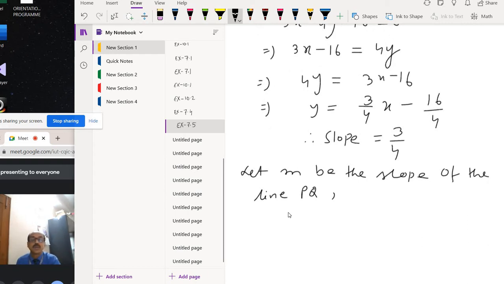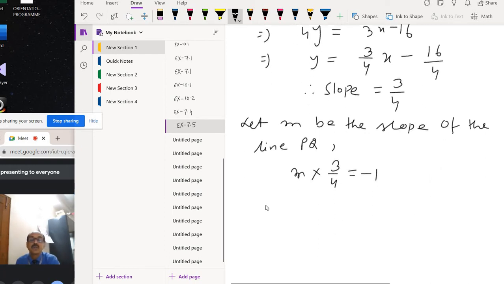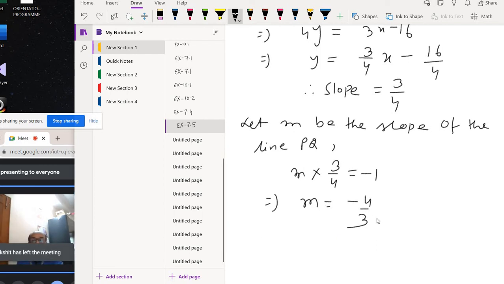Use the perpendicular condition: two lines are perpendicular, so m into 3 by 4 equal to minus 1. So m will be equal to minus 4 by 3.